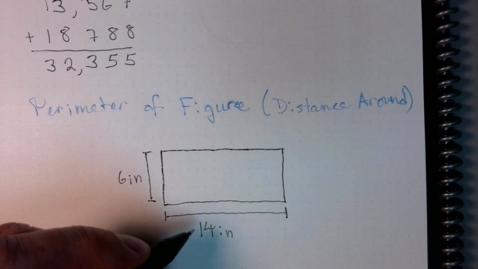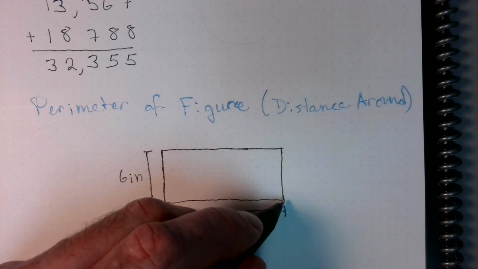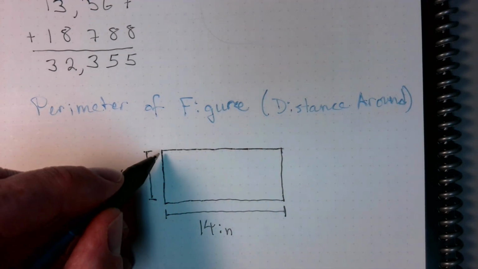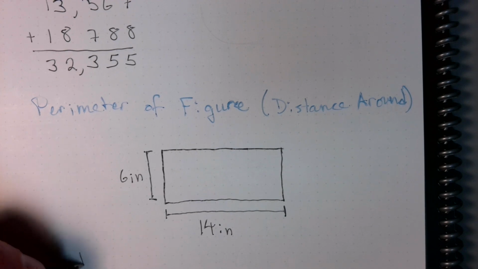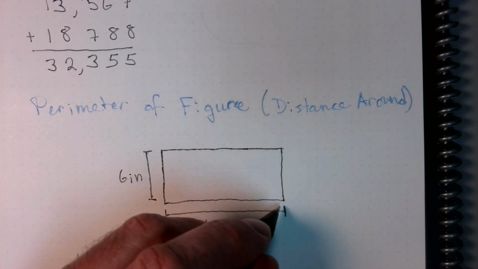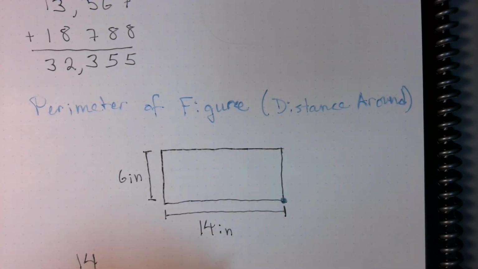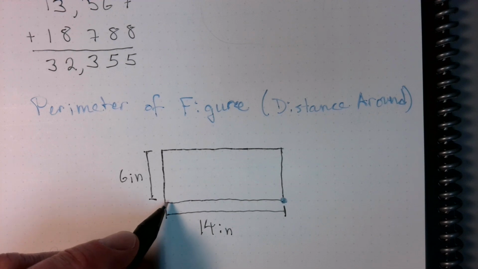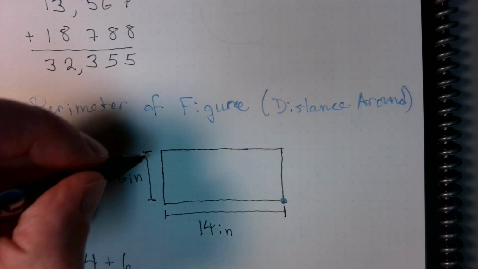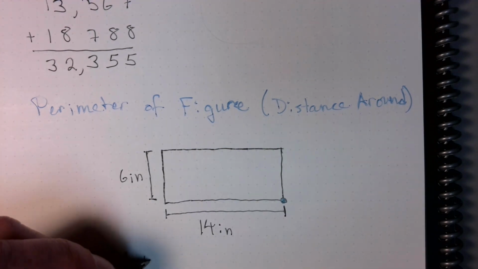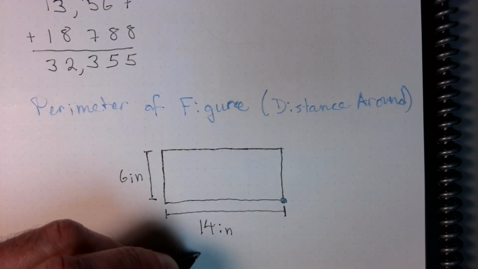Okay, the perimeter, if I was going to walk all the way around this rectangle, I would need to go 14 inches. Let's say I started here in this lower right hand corner, 14 inches, then up 6 inches. So my total distance traveled is 14 plus 6, plus another 14, plus another 6.